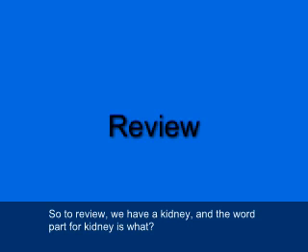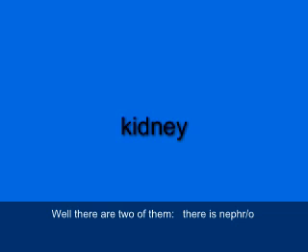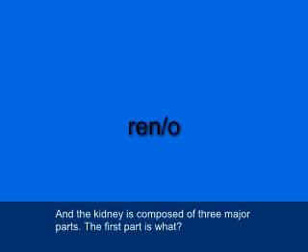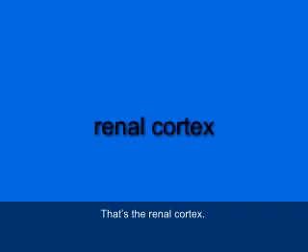Okay, so to review, we have a kidney, and the word part for kidney is what? Well, there's two of them, right? There's nephro, N-E-P-H-R/O, and reno, R-E-N/O. And the kidney's composed of three major parts. The first part is what? That's the renal cortex.